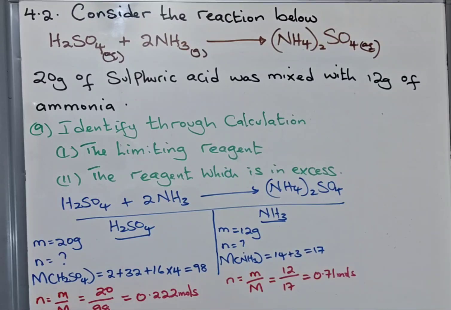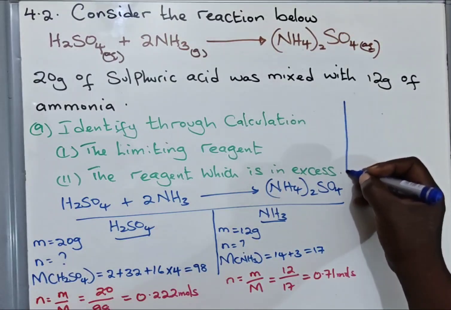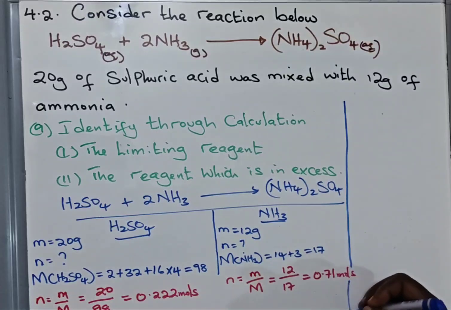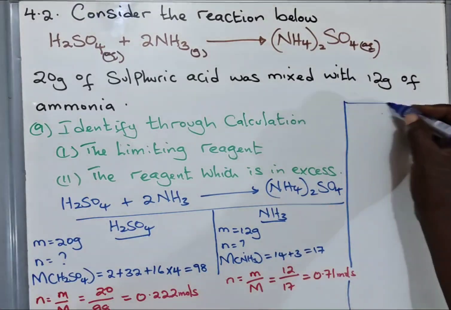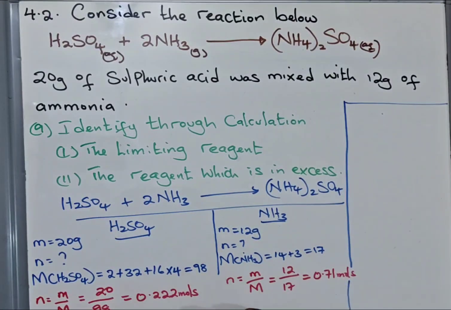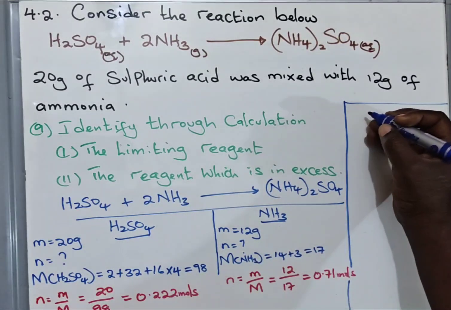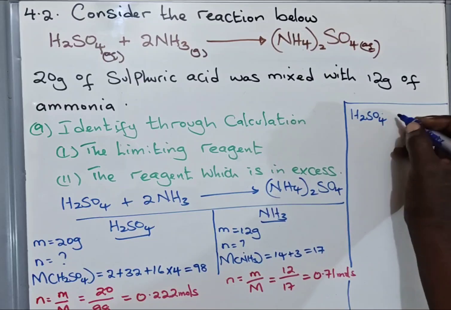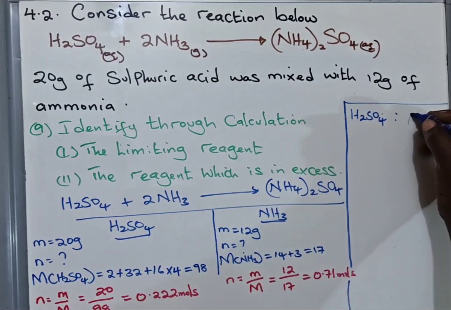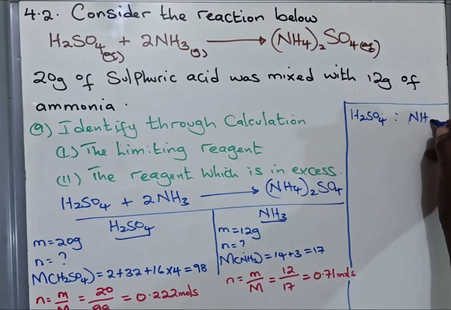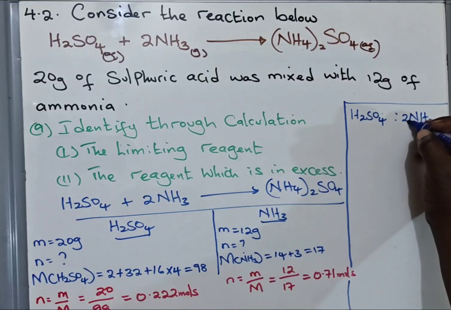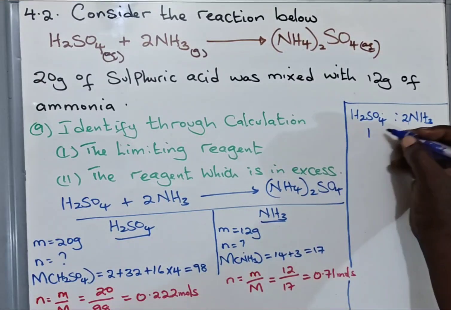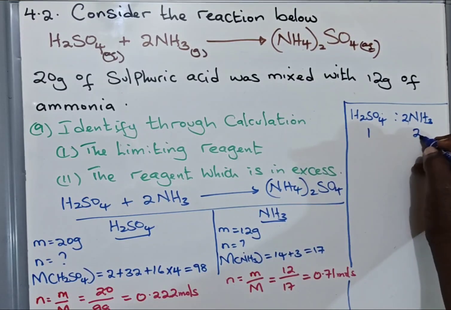Then the next step, let us use this space. Next step is to compare these two. We are having sulfuric acid against ammonia. The ratio is 1 to 2.